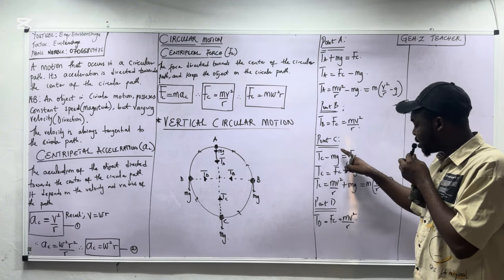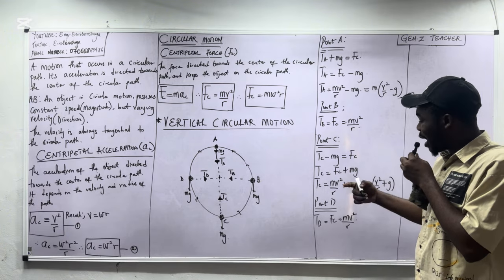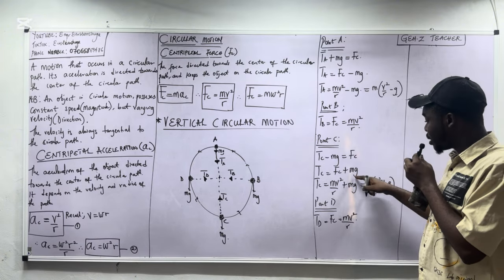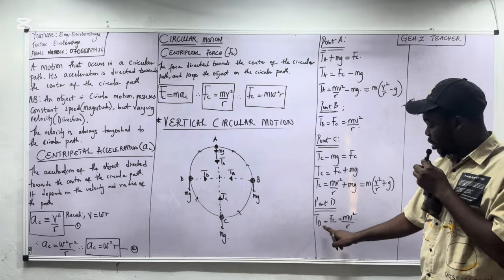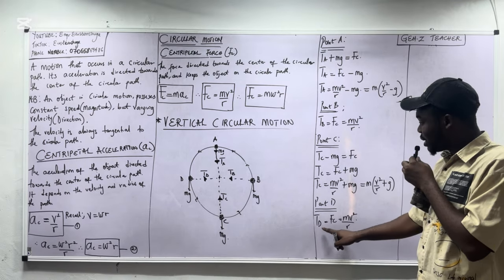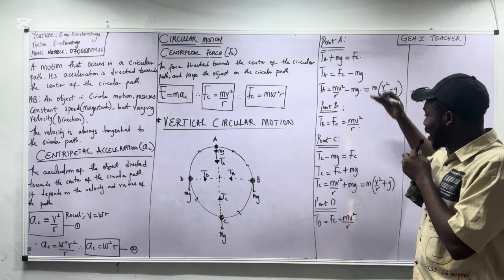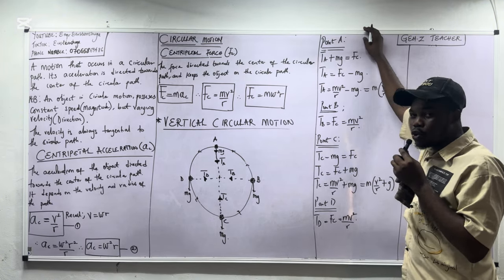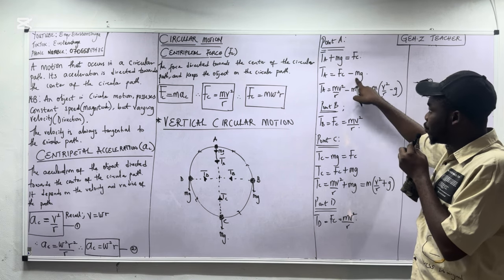Now to get TC, I am adding the weight to FC, meaning I am increasing. To get TC, it will be higher because I'm adding the weight to FC. And then to get TD is just equal to FC. So TD and TB are the same, but TA and TC vary. So TA should be the lower tension because I remove the weight.